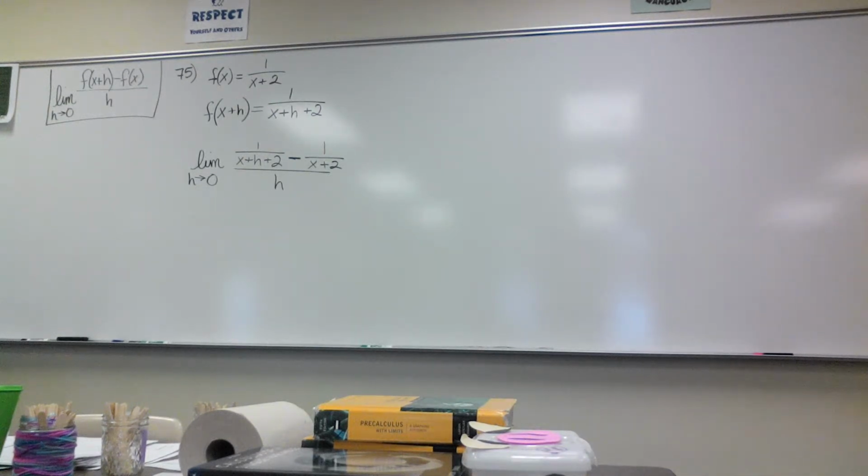You want to get to a place where you can cancel out the h in the bottom because that's what's preventing you from being able to plug 0 in for h. So how do we get to a place where we can do that? How can we simplify the top? Looking for some fantastic ideas here.